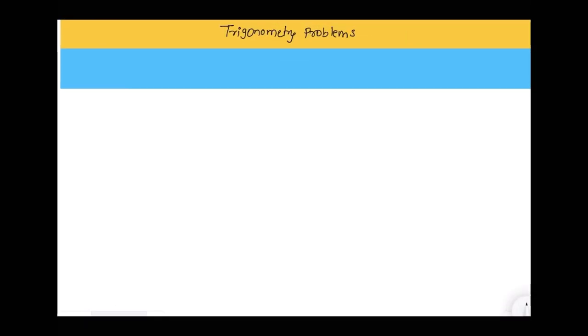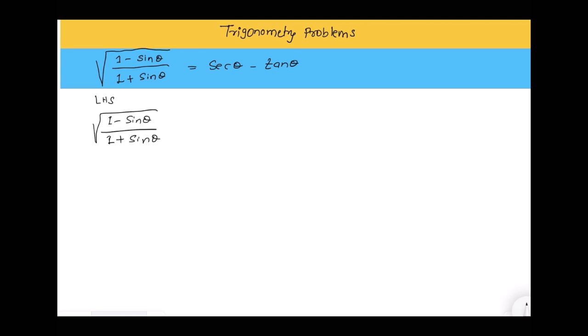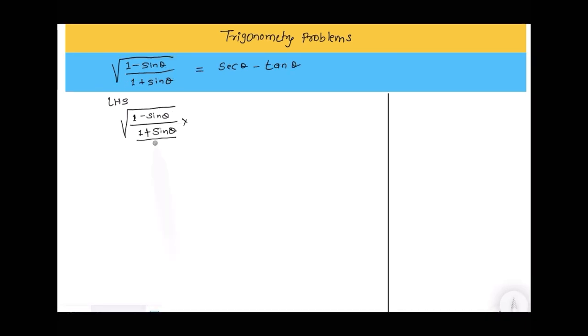Let's take next example. We have to prove square root of 1 minus sin theta upon 1 plus sin theta is equal to sec theta minus tan theta. Looks complicated? Don't worry. We will make it easy for you. Let's take left hand side, which is square root of 1 minus sin theta upon 1 plus sin theta. To solve this, we need to first simplify this left hand side.